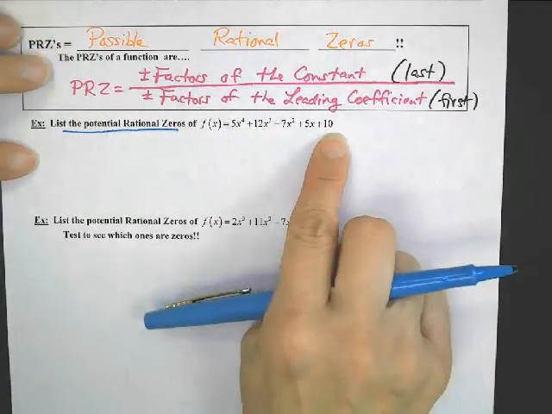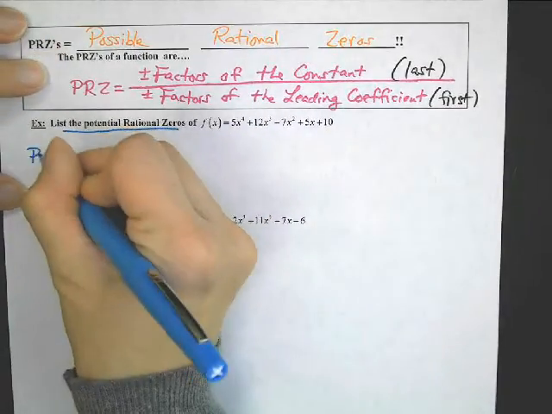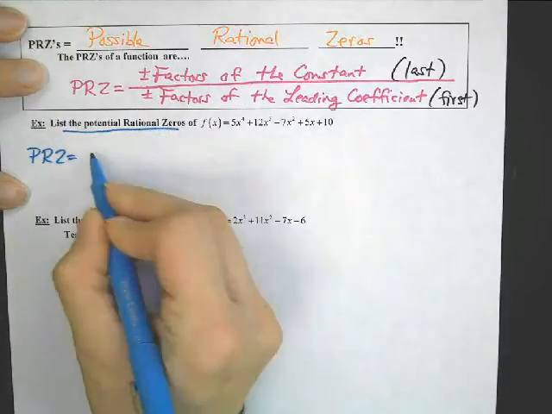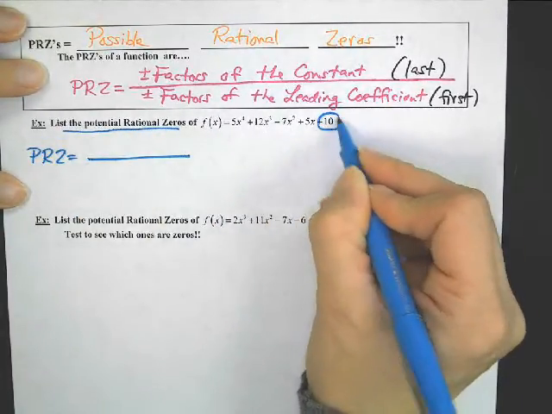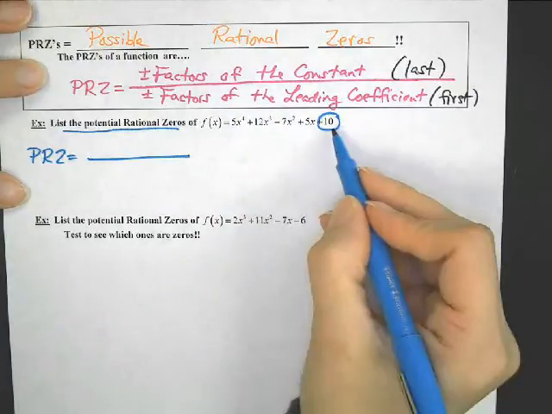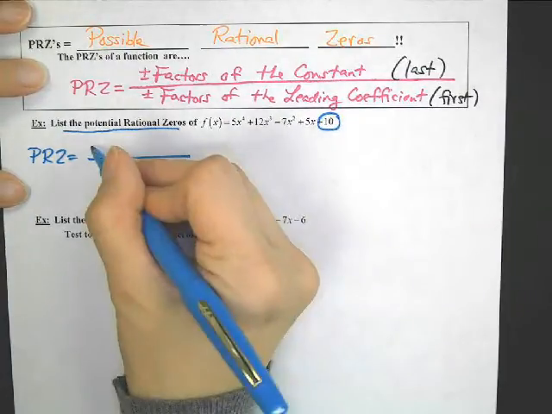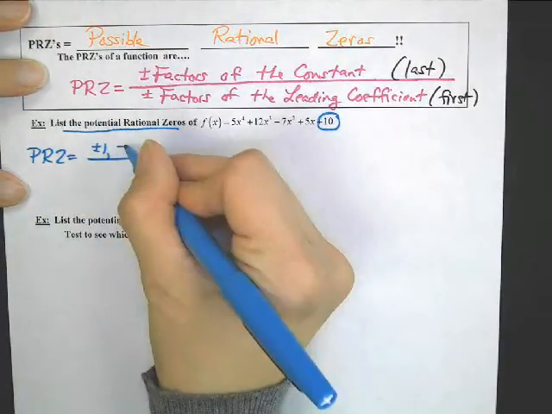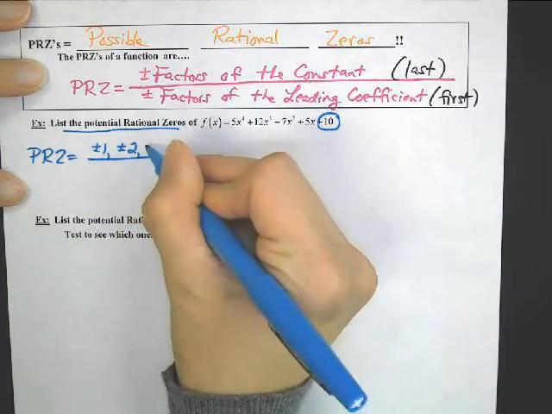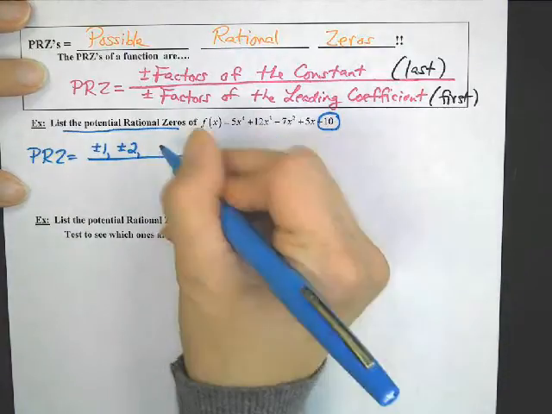So here's a polynomial, and the PRZs are as follows. The factors of the constant, that's this one right here. So what numbers go into 10? Plus or minus 1 can divide into 10. Plus or minus 2. 3 does not go into 10.